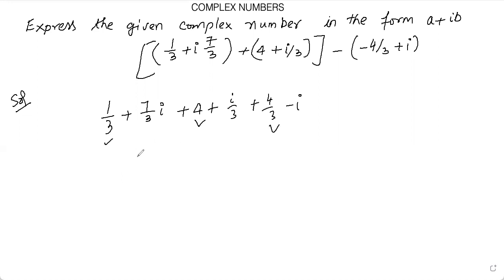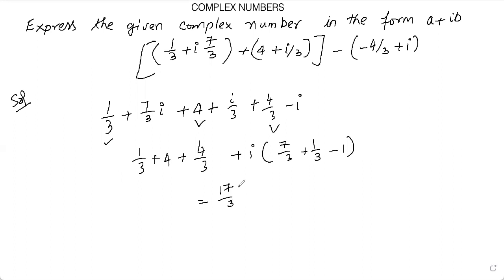So that is 1 by 3 plus 4 plus 4 by 3, and the i terms together, that will be 7 by 3 plus 1 by 3 minus 1. For the simplifying you get 17 by 3 plus i into 5 by 3. That's it.